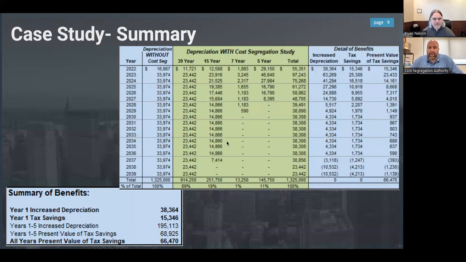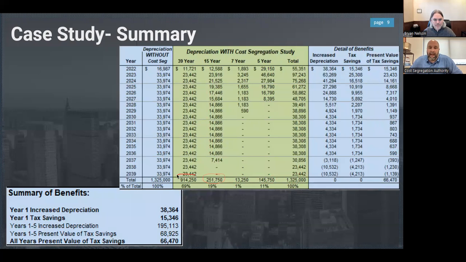With cost segregation, that's the green section here. Across the bottom, you'll see we still have $1.3 million of building, but now we've segregated that into $145,000 worth of 5-year assets, $13,000 worth of 7-year assets, and $251,000 worth of 15-year assets.